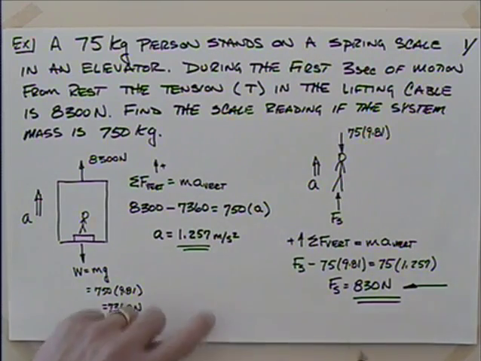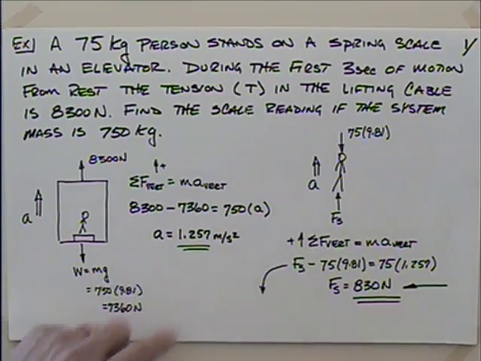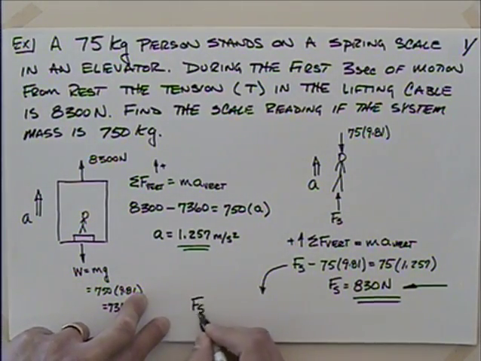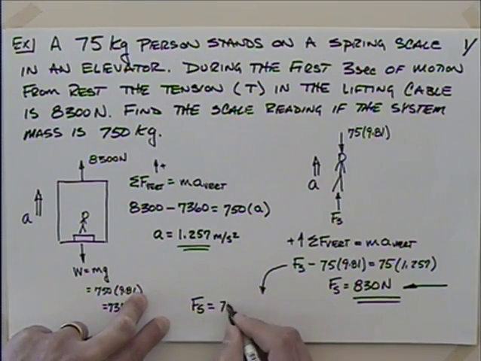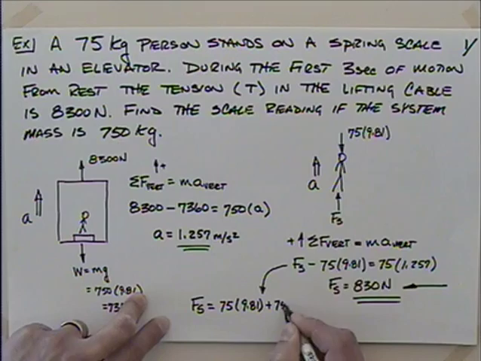And if you look at this equation here, you could really rearrange that mathematically and say that the force on the spring scale would be equal to 75 times 9.81 plus 75 times, if you will, the additional acceleration.